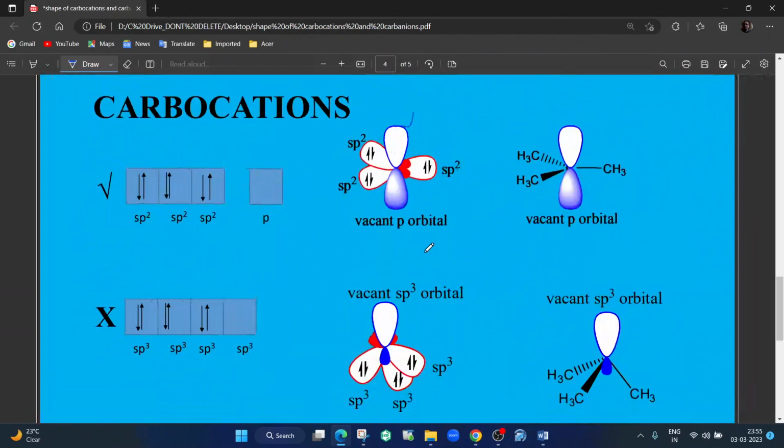Imagine if carbocation is sp3 hybridized, then it should have 4 sp3 hybridized orbitals. Anyway we are not concerned about this orbital because this orbital is vacant. All I am concerned about is where the electrons are. So electrons are in 3 sp3 hybridized orbitals.